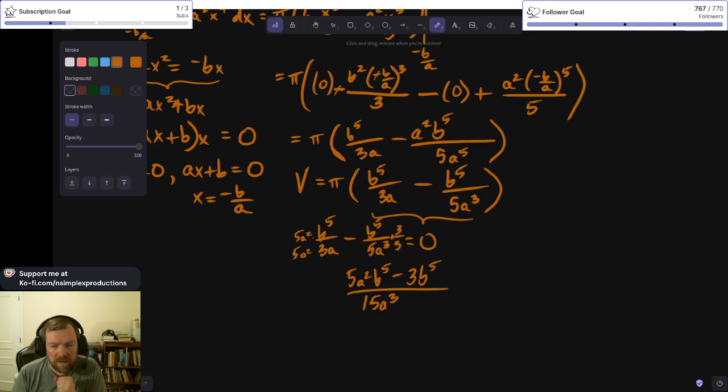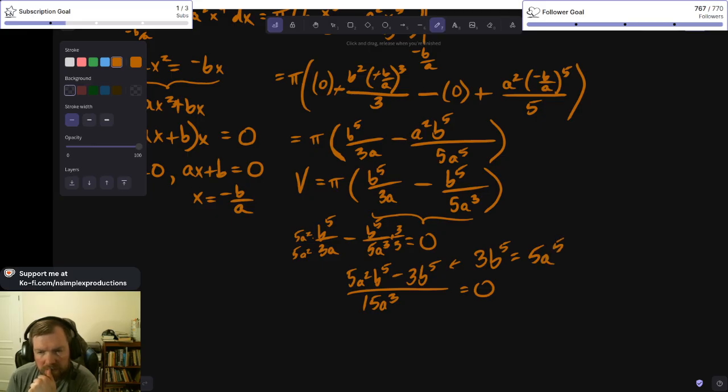It's equal to 0. All we care about is the numerator then. So this is going to end up being 3b to the 5th is equal to 5a to the 5th. Damn. B's are going to go away. That's not going to go well for what we've got here.